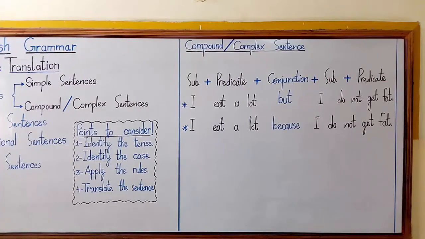These 7 conjunctions you can remember through FANBOYS. These 7 are called coordinating conjunctions. The rest of the other conjunctions are called subordinating conjunctions.